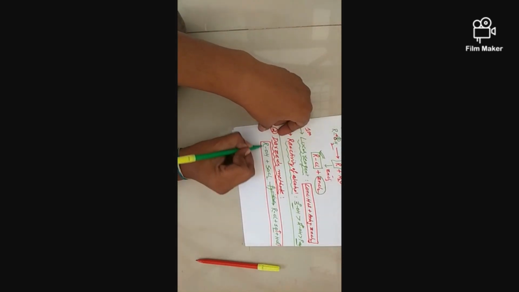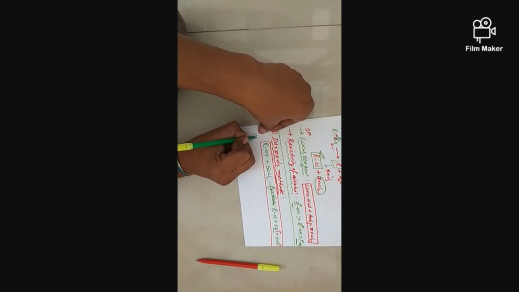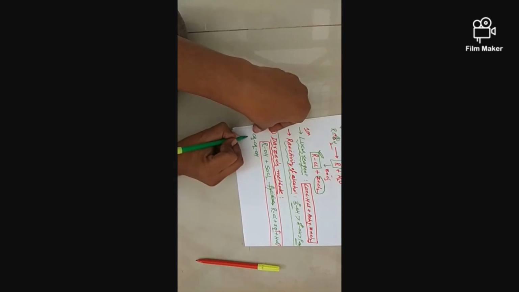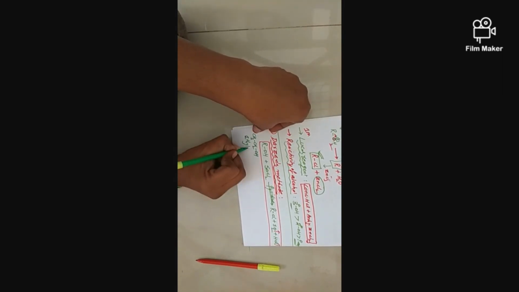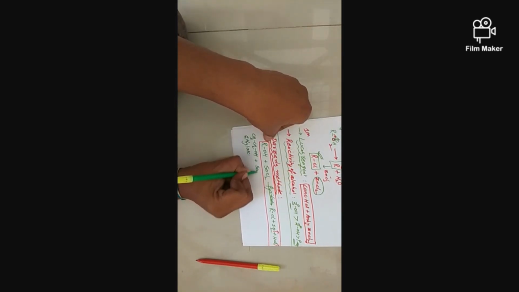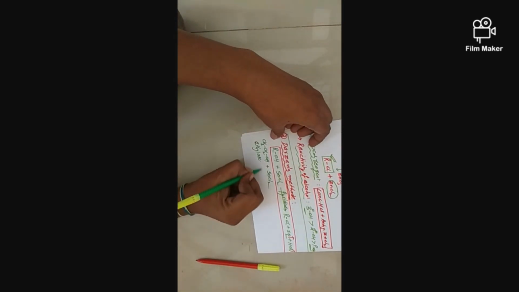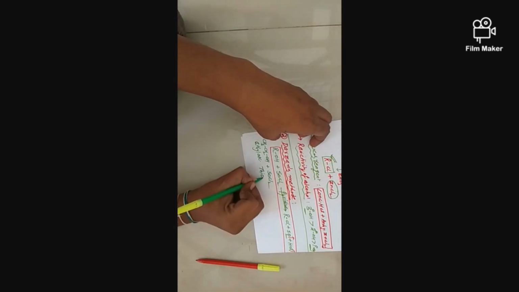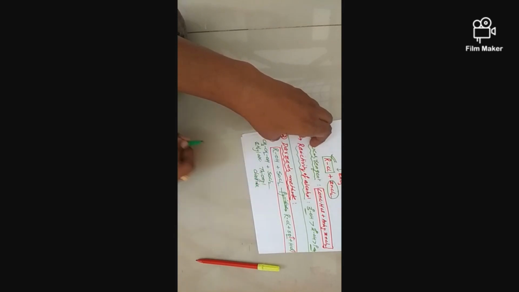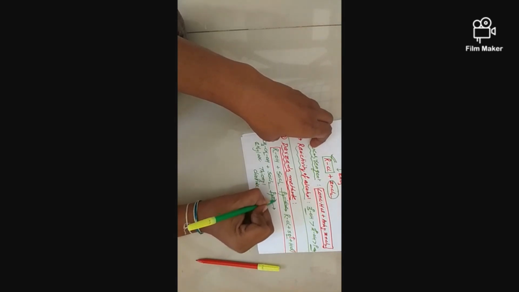For example, instead of R-OH, suppose we take ethyl alcohol. Ethyl alcohol reacts with SOCl2. The name of SOCl2 is thionyl chloride, in the presence of pyridine.